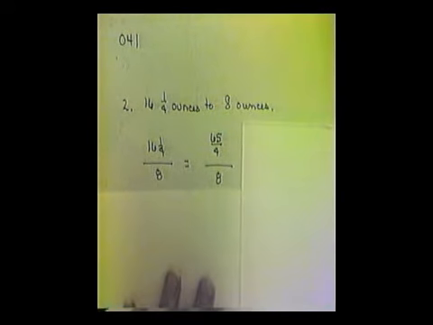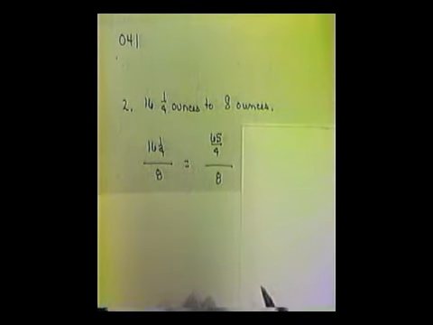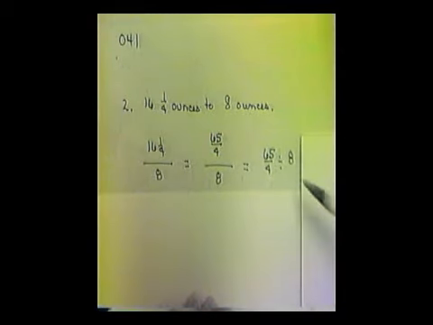Our second example is 16 1/4 ounces to 8 ounces. We write it in fraction form, so we put 16 1/4 over 8, which we can then change 16 1/4 to an improper fraction. 4 times 16 is 64, plus 1 makes 65 over 4, divided by 8. Now that 8, of course, is over 1.